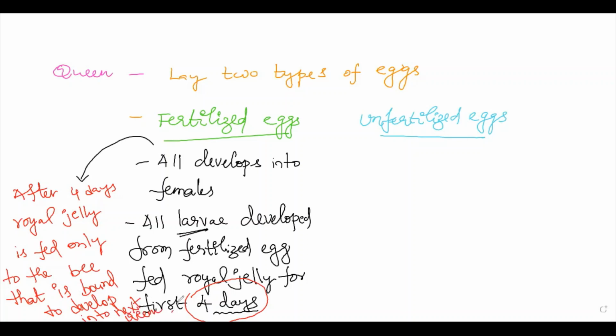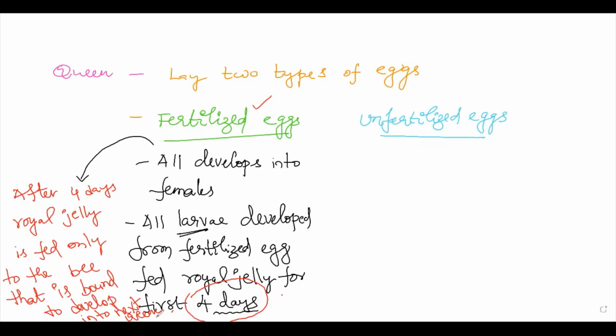So all larvae are not fed on royal jelly after 4 days; only the one which is going to develop into the next queen is fed on royal jelly after 4 days also. So like we can say about females. Then what about the remaining females?